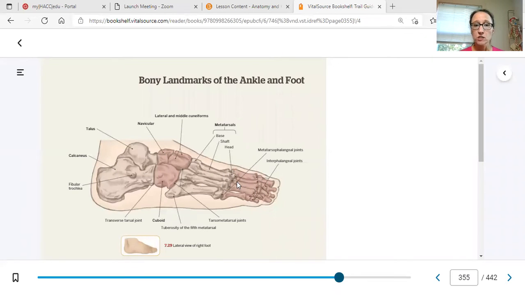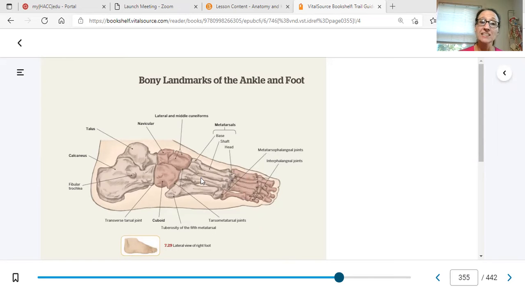Between the phalanges and the metatarsals are the metatarsophalangeal joints. You know the drill. Drop the last letter, add an O, smash it together. Metatarsophalangeal is the word, between the metatarsals and the phalanges.